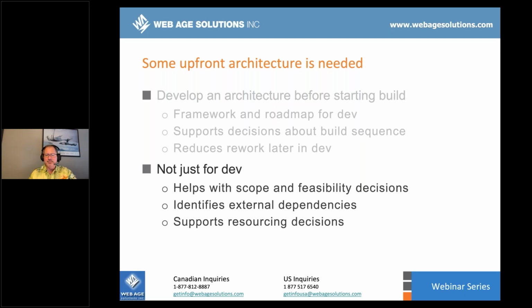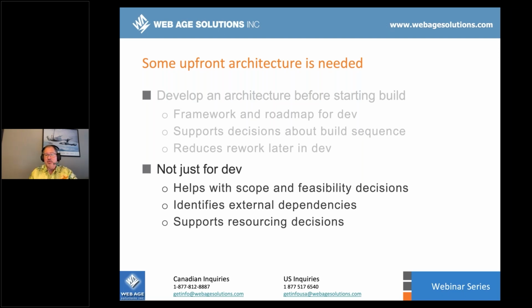And the last thing that an architecture can help with that goes beyond development is that it helps people understand what resourcing is going to be required to complete a project. That's things like development resources, how many people and so on, but it's also skills. It's also specific pieces of product knowledge, what it is that we're going to connect with, or other things that might be involved.